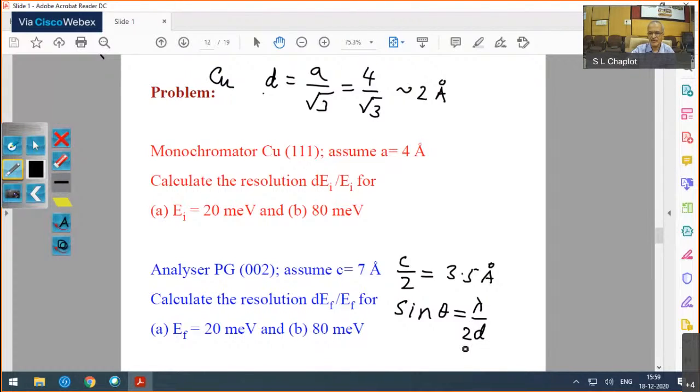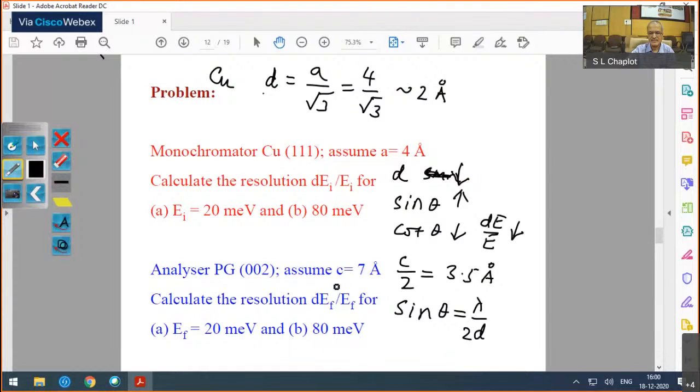If d is smaller, if d goes down, then sin theta goes up and cos theta goes down, and so your dE by E also goes down. So you can improve your resolution if you use a smaller spacing. Therefore copper gives a better resolution than graphite.